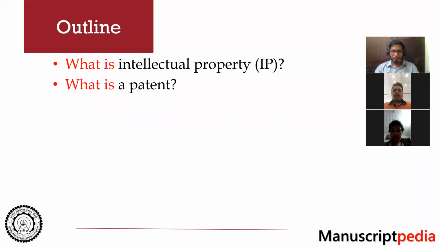Filing a patent is different from writing a journal paper, doing any research, or any other topic which we have done previously. So in this course, I have planned to talk about what intellectual property, or IP, is.